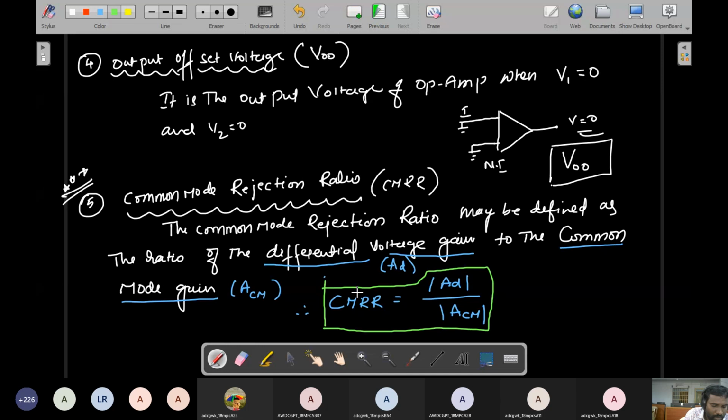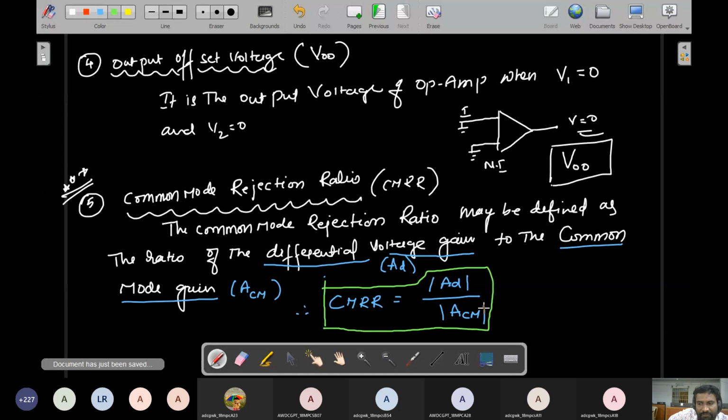Right now, briefly I'll discuss what the AD value and ACM value are. So please note it, everybody. I'll move to the next page because this page is not sufficient to write everything. So please note as fast.